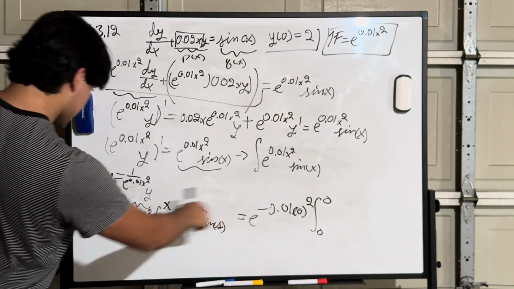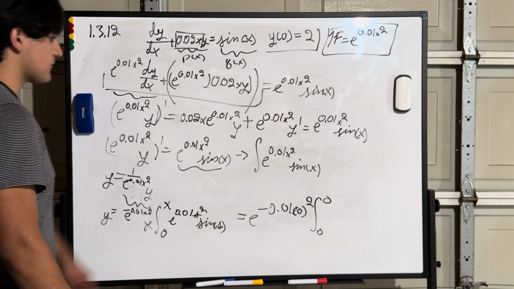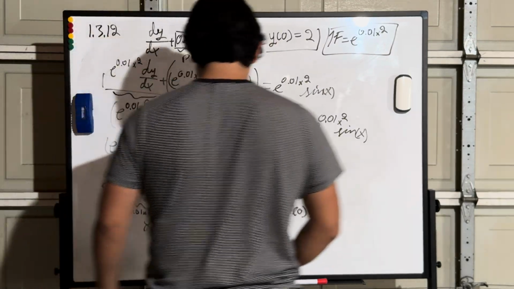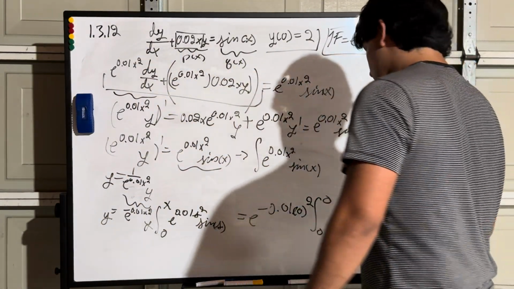And then that is 0 to 0, because instead of 0 to x, we replace x with 0.